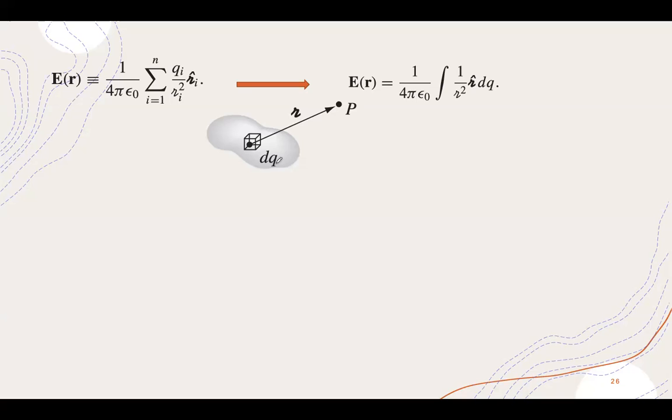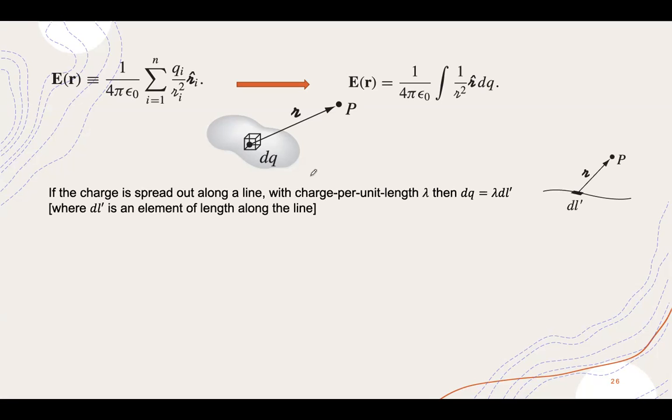This distribution could be a line charge, a surface charge, or a volume charge. If the charge is spread out along a line, and the charge per unit length is given as lambda, this is just a notation, and this convention is used in almost all books, so we follow the same convention.